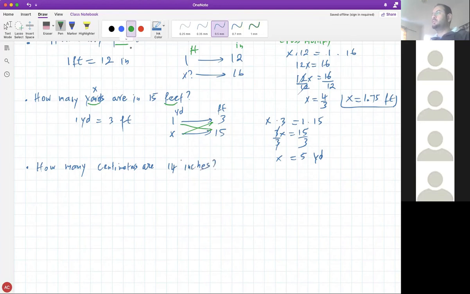Whenever you see a question like that, first you want to check out the units. So talking about centimeters and inches, see if there is a direct formula for them. If there is no formula between them directly, it might be a formula for both of them with some other unit.